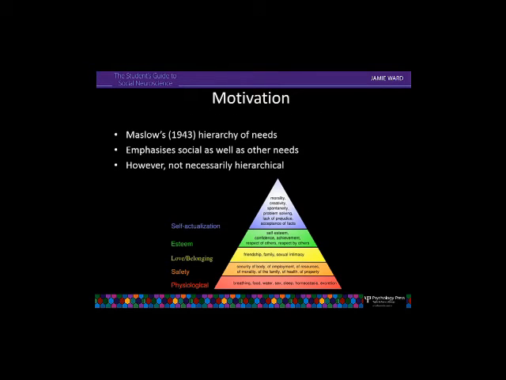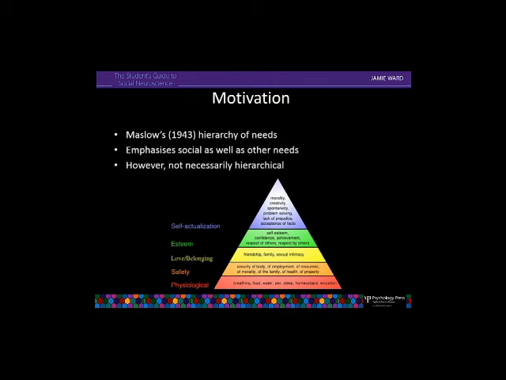So motivation, what do we mean by that? So this is one historical idea, the hierarchy of needs, where at the bottom you've got your Freudian id kind of needs for sex and food and water and so on, these basic rewards. And then here you've got your more social, perhaps culturally constructed things, morality, creativity, and so on. So these are all things that we would feel happy to say are motivators, or pretty much all of them, but there's no real evidence necessarily that they exist in a hierarchy.